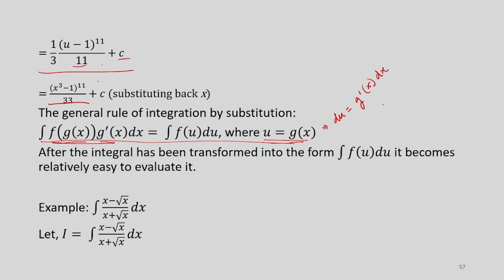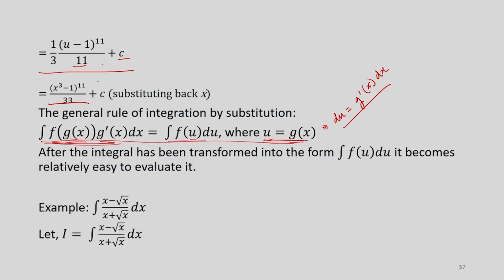And then our task becomes easy, because in the original integral that we have here, in place of g(x) I can write u. In place of g(x) I am writing just u. So, it becomes f of u, and then there is this term g prime x dx. Now, g prime x dx has been found out to be du.